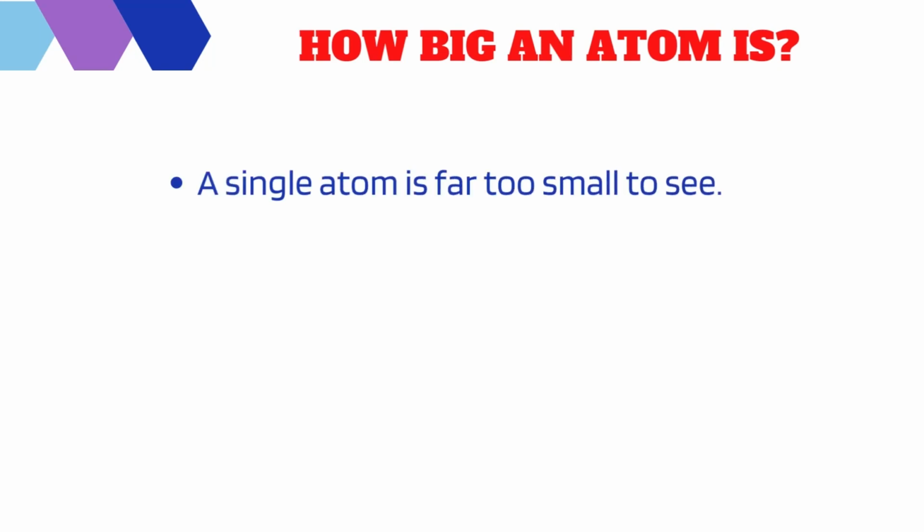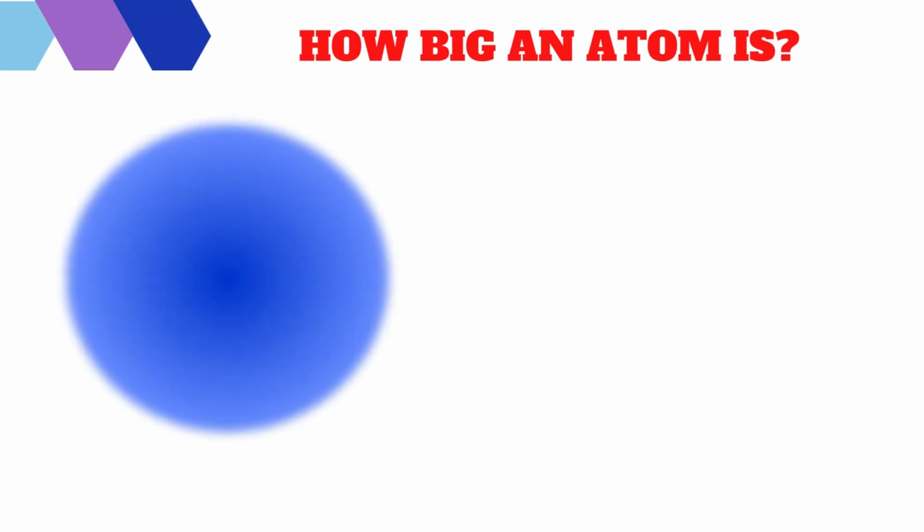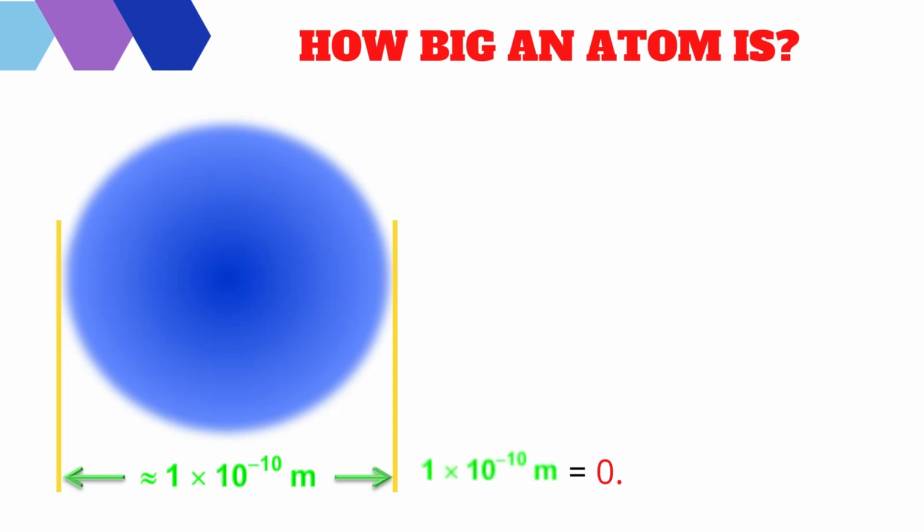Have you ever thought how big an atom is? A single atom is far too small to see. Perhaps 1 million sodium atoms could fit in a line across this full stop. This sphere represents an atom. The size of an atom is approximately 1 × 10 raised to power minus 10 meter. How small is this number?